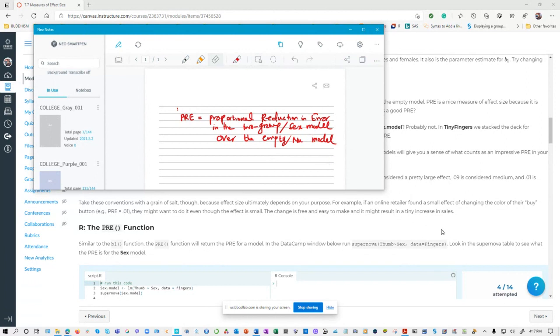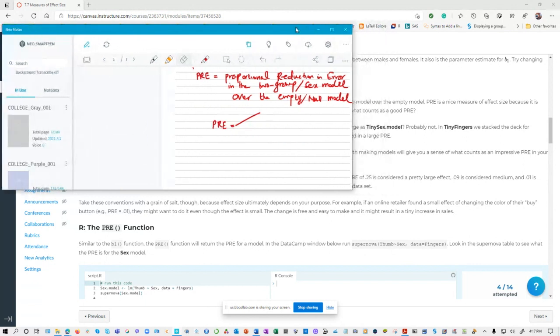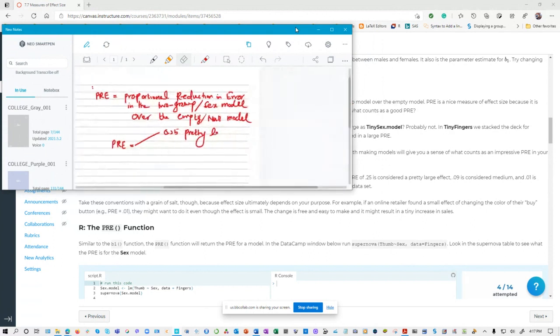So how can we tell that this particular model is a better model? If PRE is around 0.25, that is a pretty large effect size.